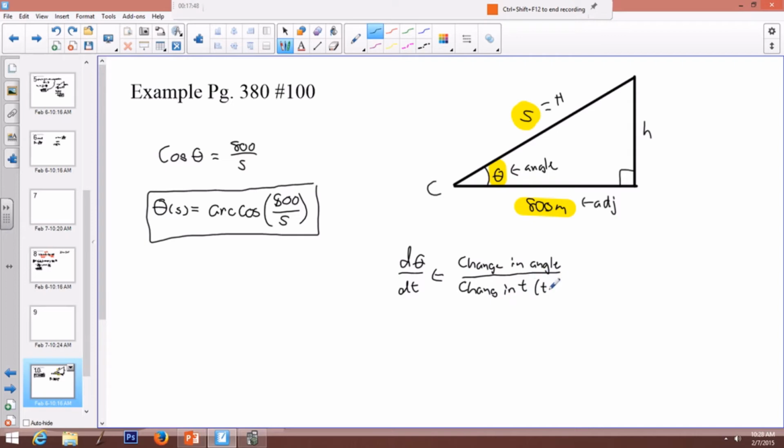I'm assuming that it's going to be time, but they don't actually ask us to solve anything, so we're okay. And then they say in terms of ds over dt.